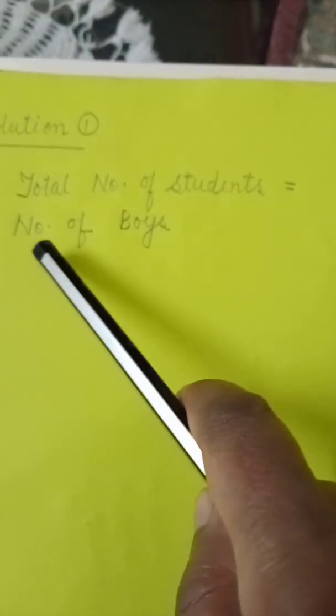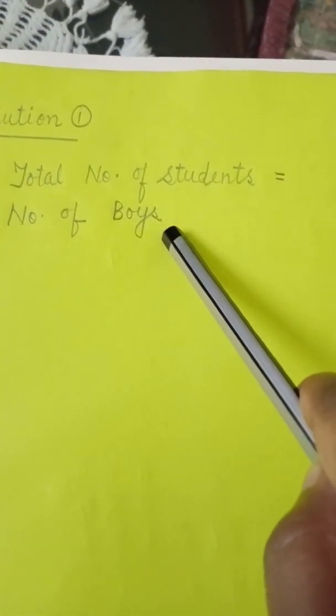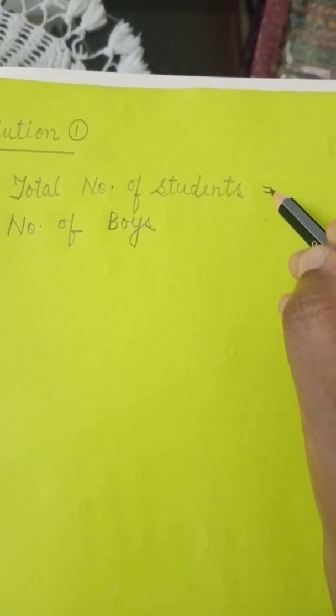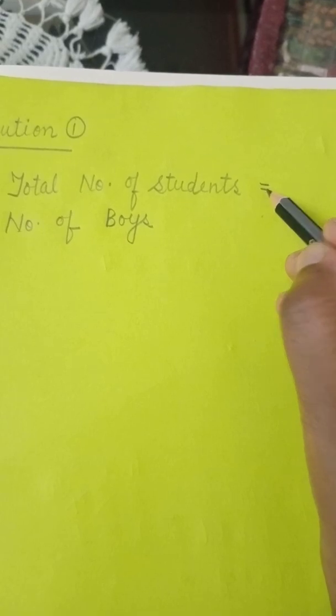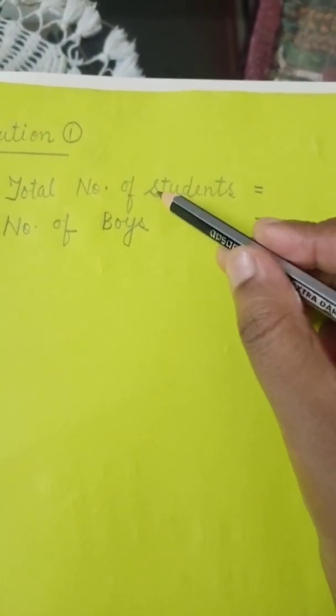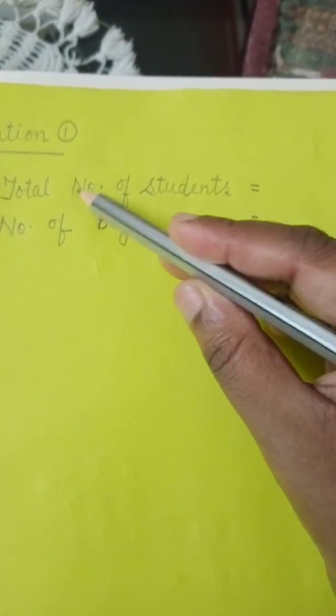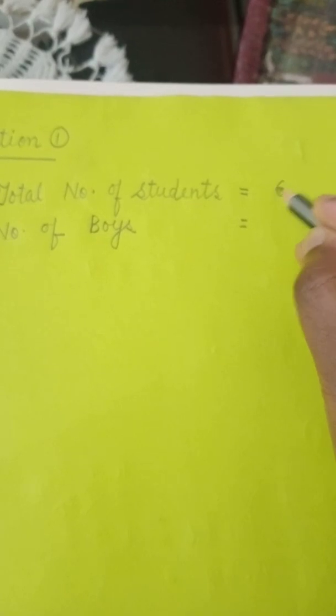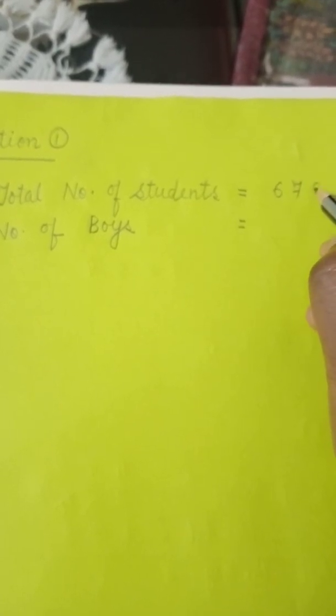Then in the next line write number of boys, then put the equal to sign just below this one. Total number of students is how much? 679.